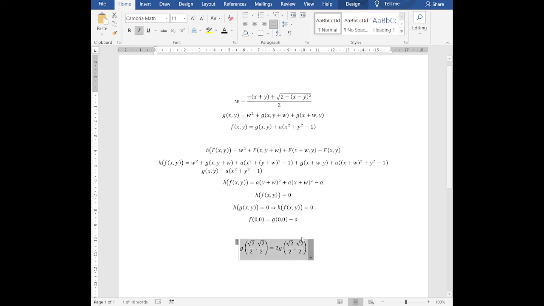So if the function exists, then the function goes to 0 at this point. That's not even true. Because the function could exist at 0 and go to infinity at this point.